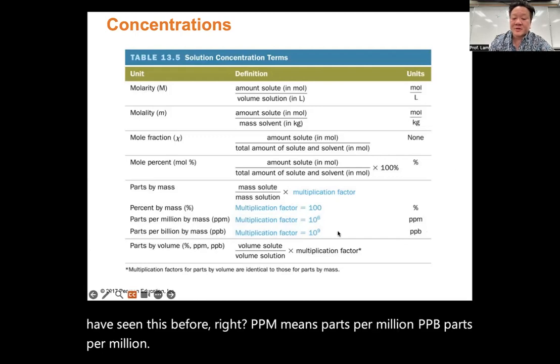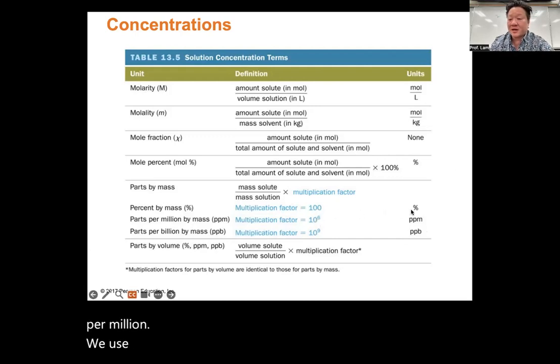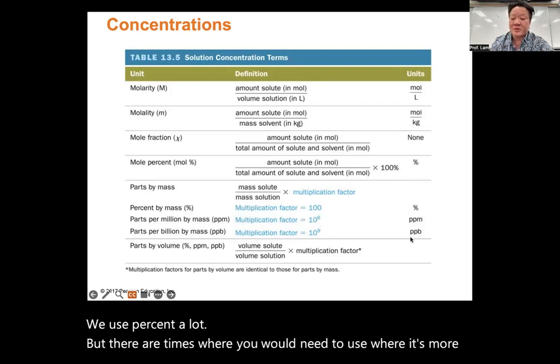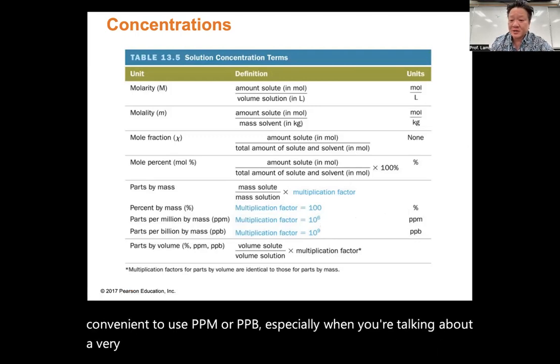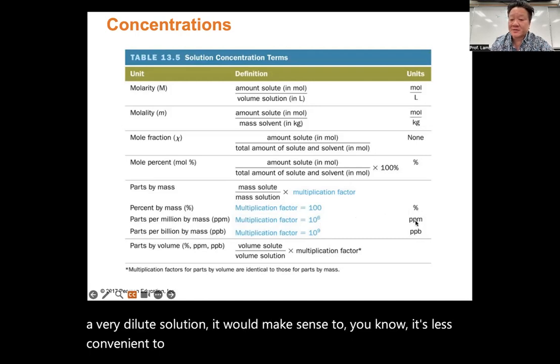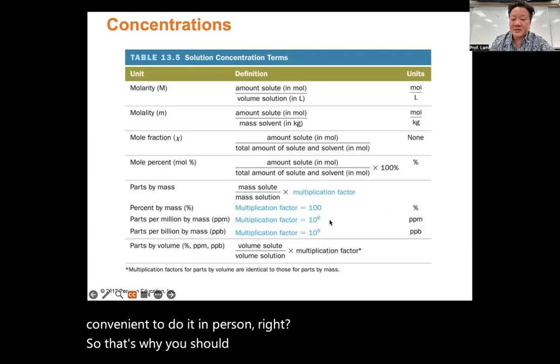We use percent a lot, but there are times where it's more convenient to use ppm or ppb, especially when you're talking about a very dilute solution. It's less convenient to do it in percent, right? So that's why you should know all of these, okay?